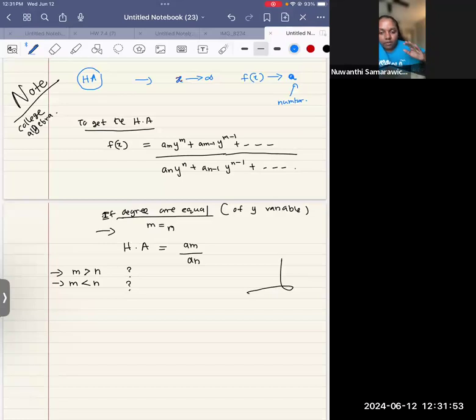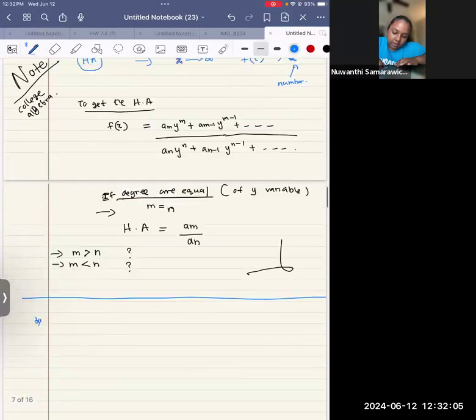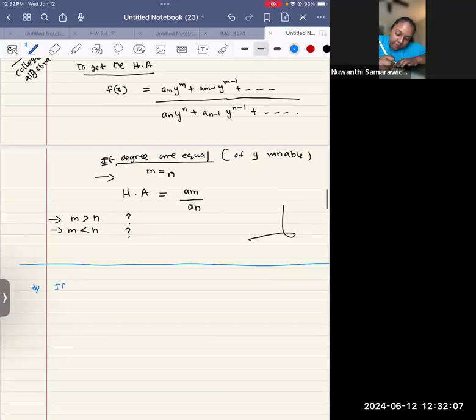If you identify a horizontal asymptote, that means the sequence converges. Okay, so that's the second way. If there is a horizontal asymptote, this means the sequence converges.